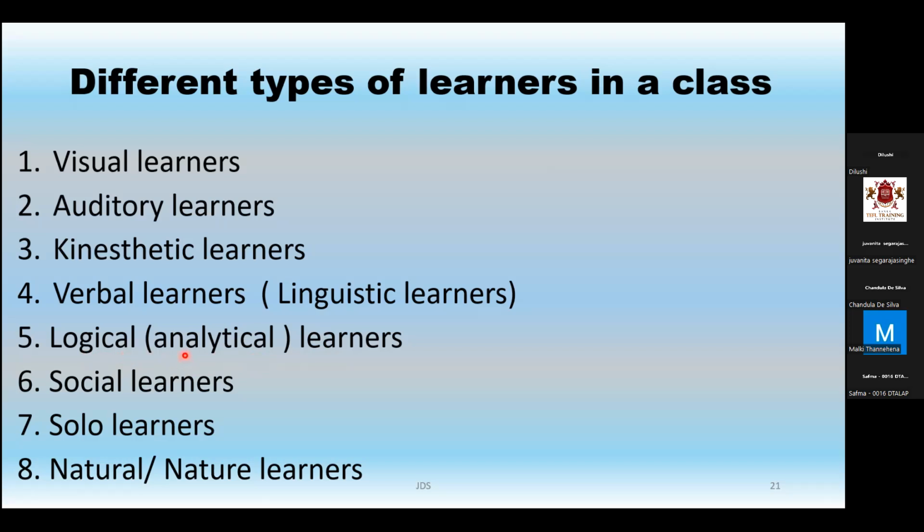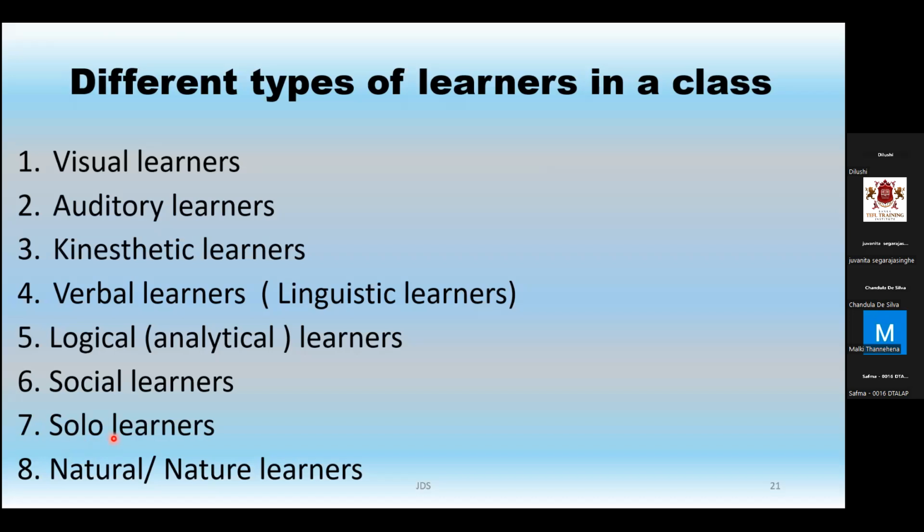So they have very good analytical skills. Social learners, people who learn something by communicating or interacting with others. They can't just sit at a place and learn. They have to be moving around and interacting with people.